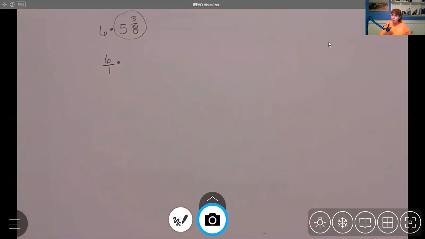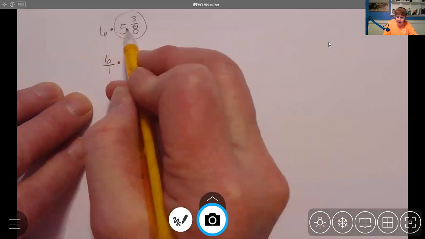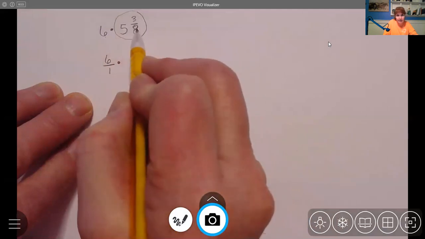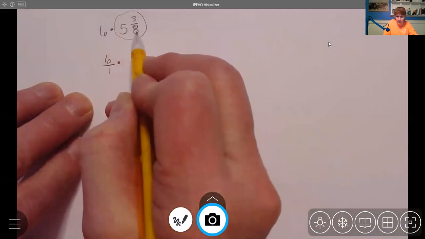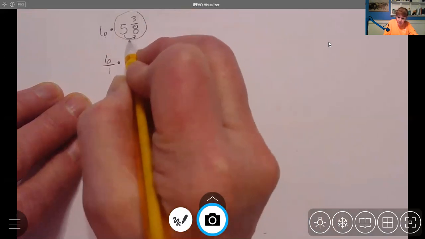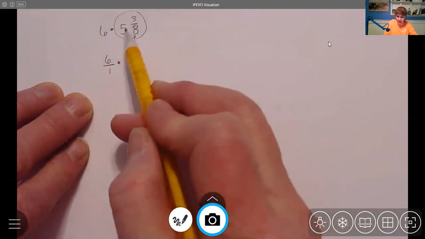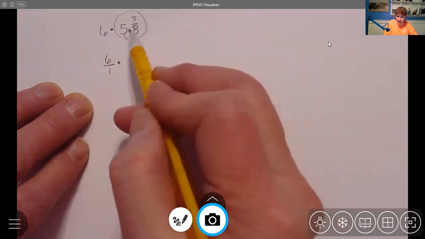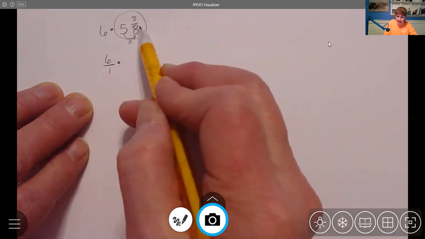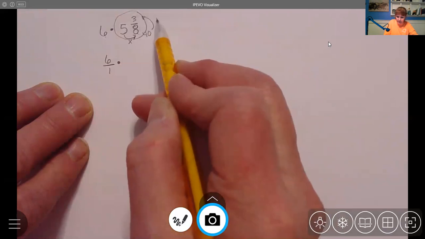So to do that, which is what we did in one of the last sections, you take 5 times 8, you get 40, and then you add the 3. So again, just a review: you take this number out front times the denominator, 5 times 8, which is 40, and then you add in the 3.